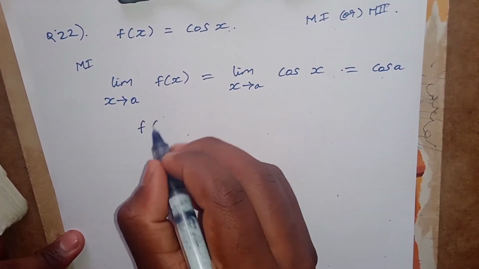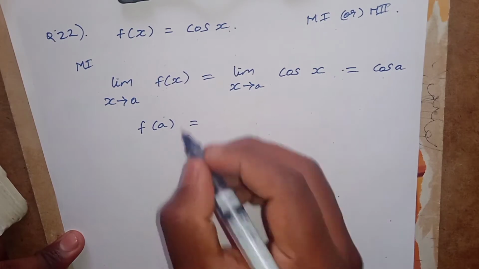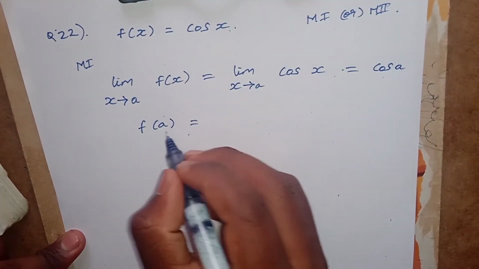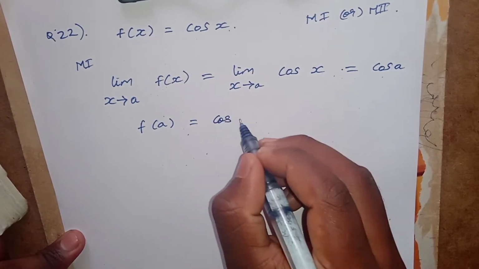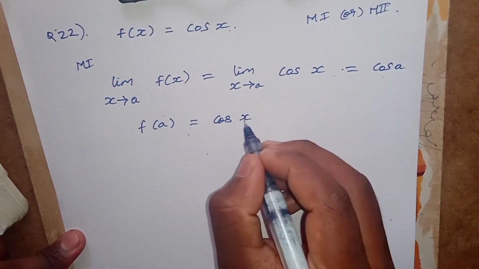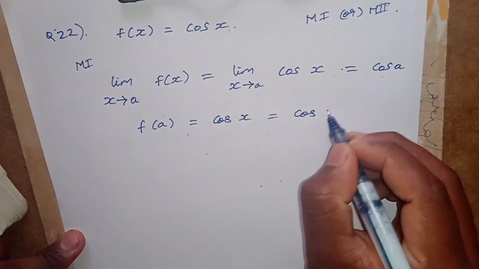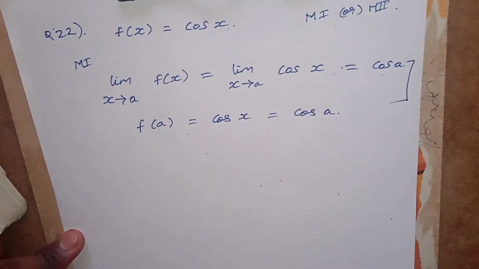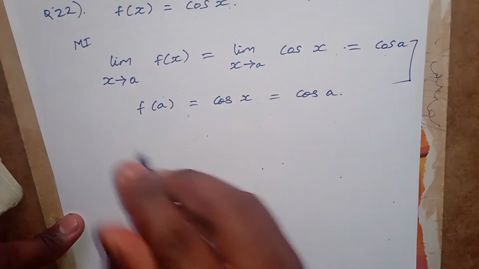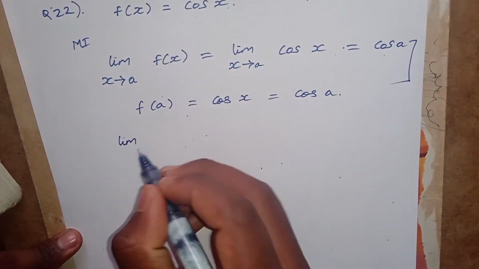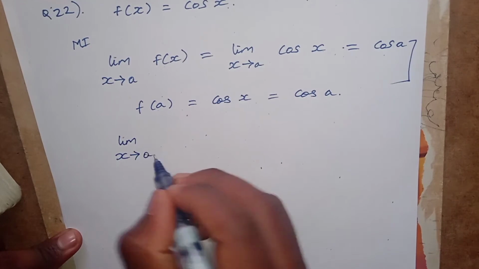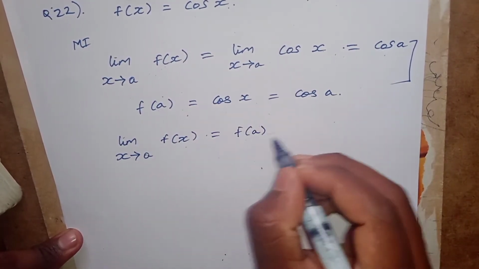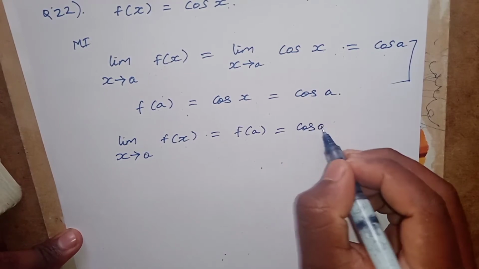Similarly, f of a: in the place of x you substitute a, giving cos a. Both are equal. Finally, you write limit x tends to a, f of x is equal to f of a equal to cos a.